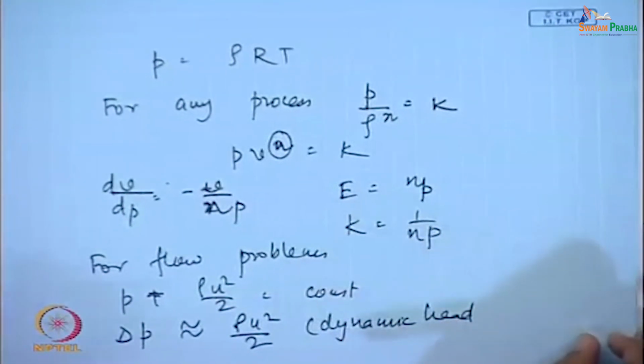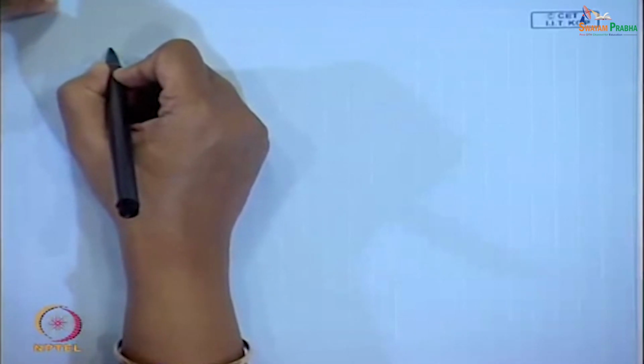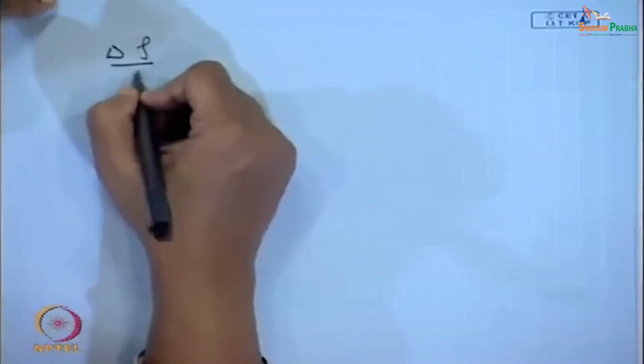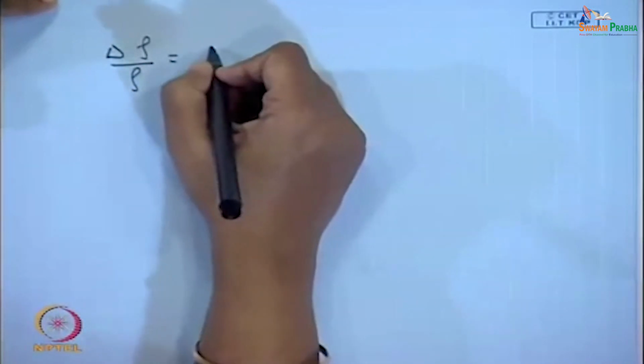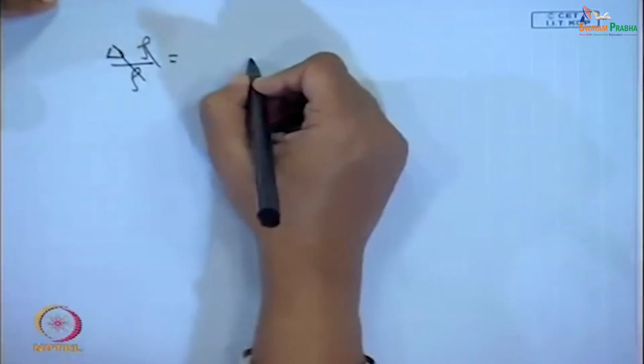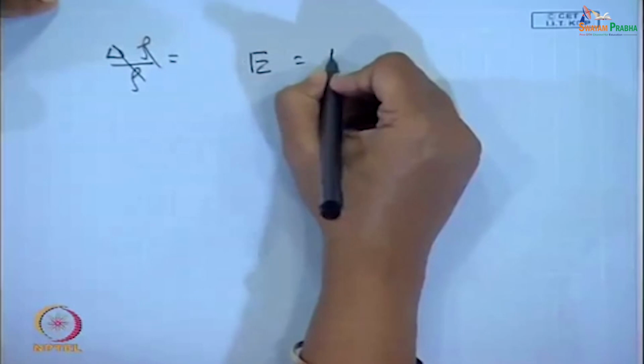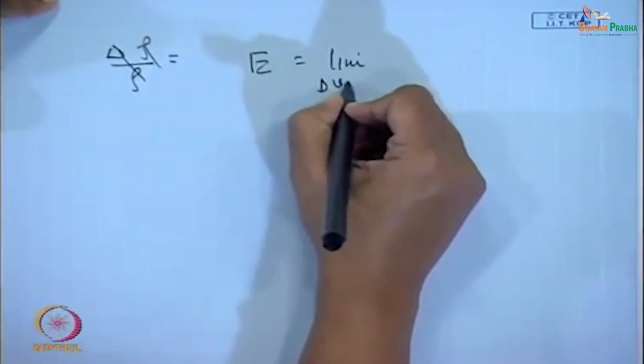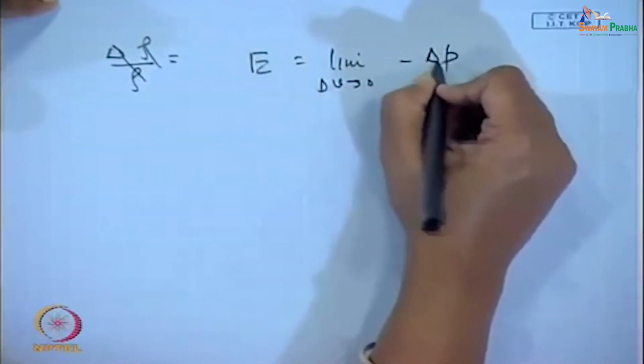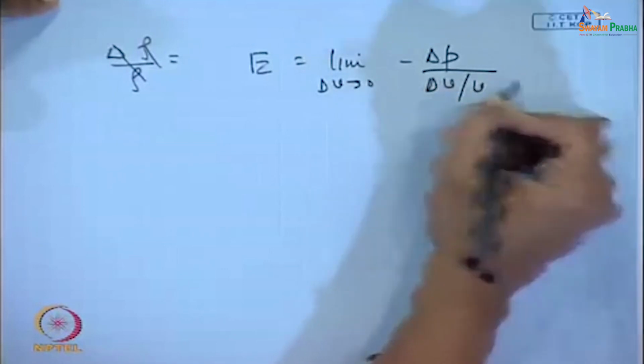Now, we know that delta rho by rho is nothing but equal to, okay, I will derive a little, it will be easier for you. How did we define E? It was limit delta V tends to 0 of minus delta P by delta V by V, is not it?